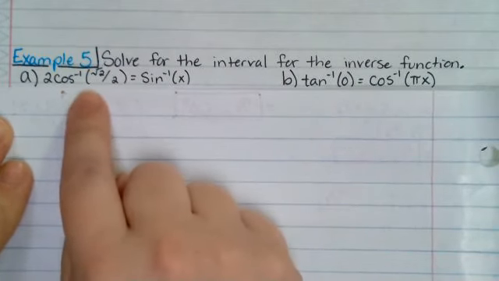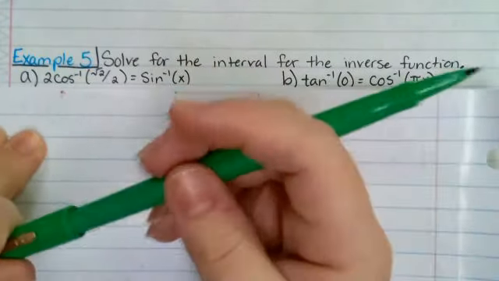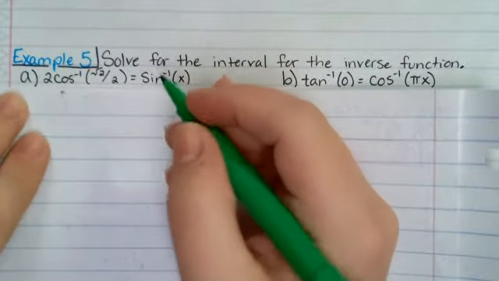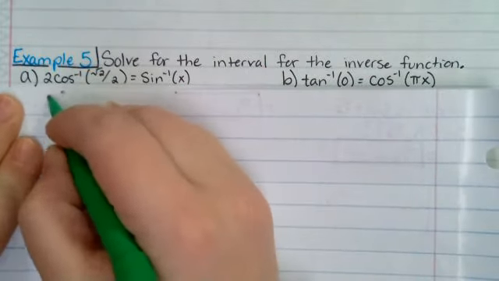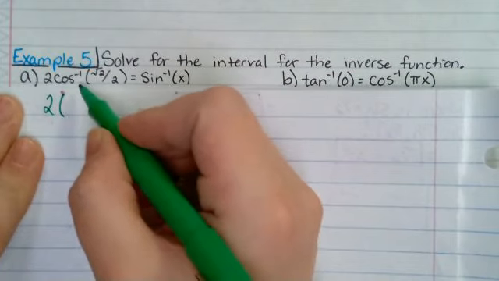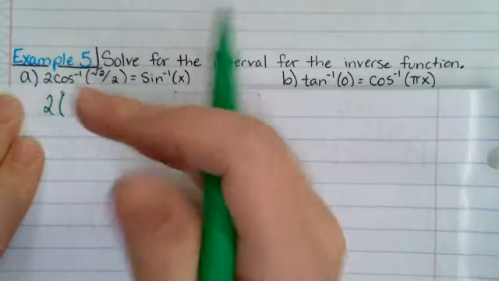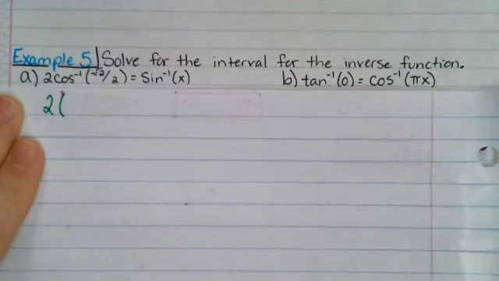Okay, cosine inverse of root 2 over 2, you're asking yourself where on your unit circle are your x's root 2 over 2? Remember for cosine, we should only be looking from 0 to pi, so the top section of your unit circle.